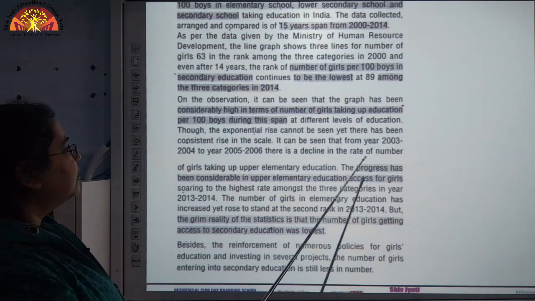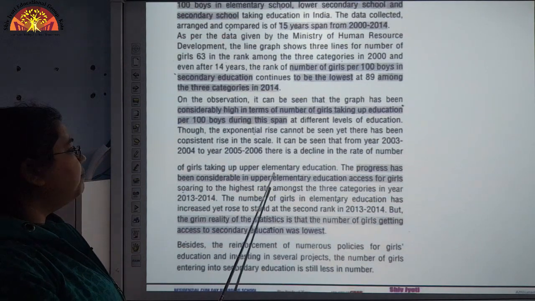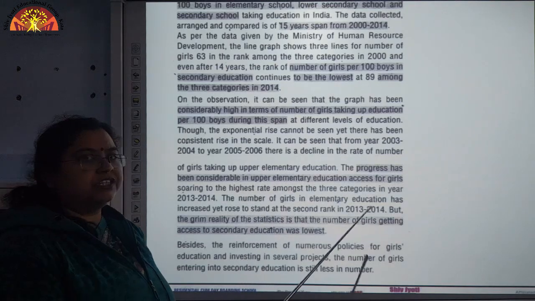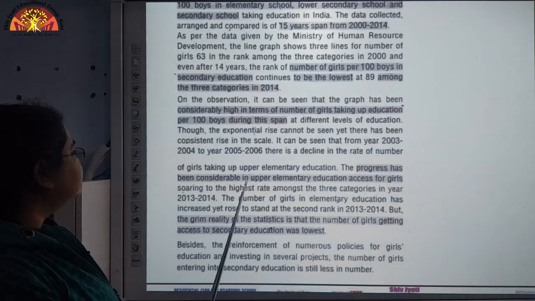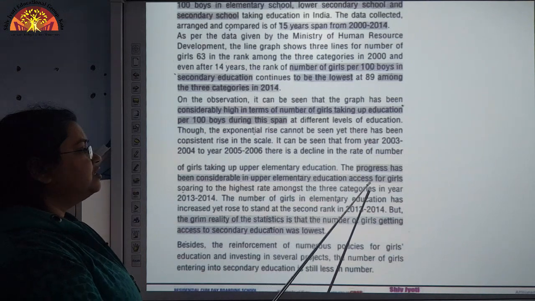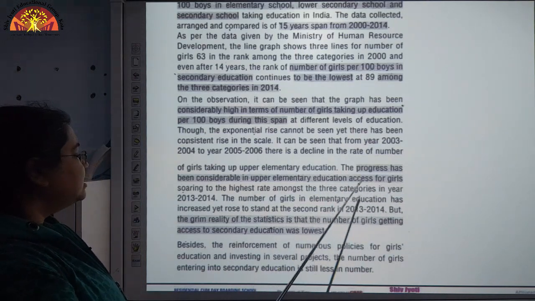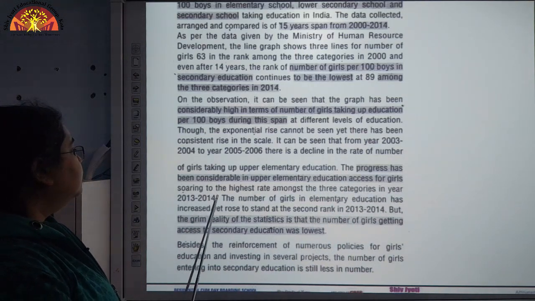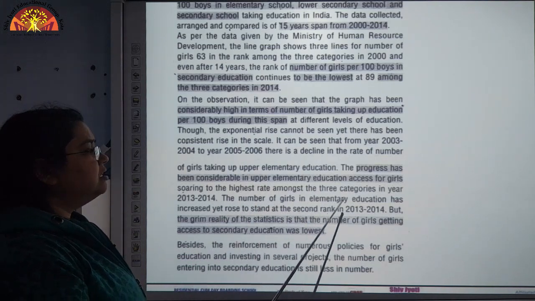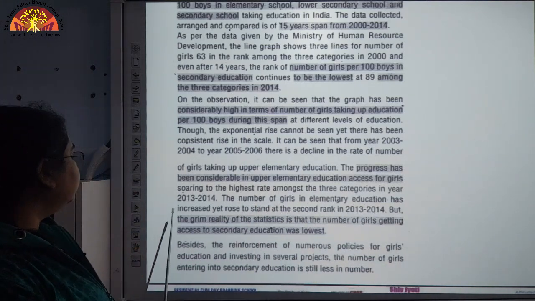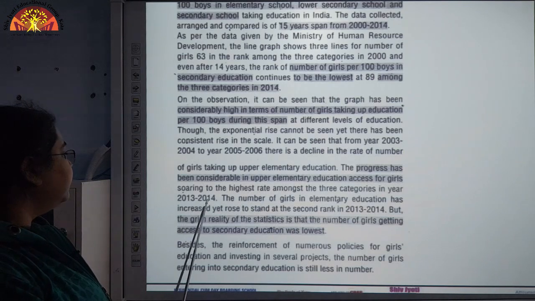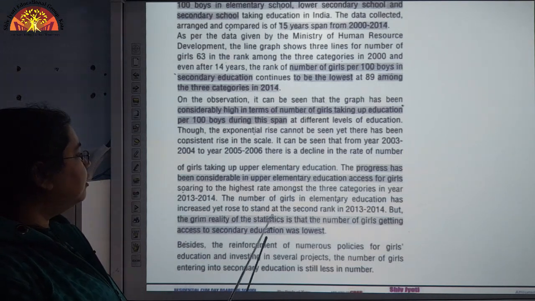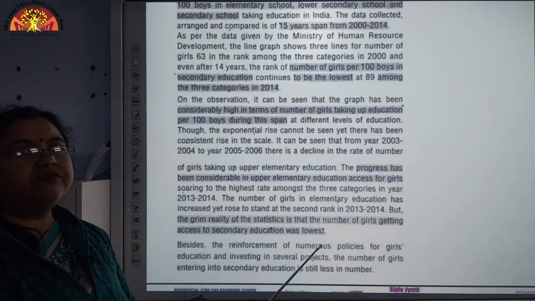Now, a decline in the rate of number of girls taking up upper elementary education. The progress has been considerable in upper elementary education, with access for girls soaring to the highest rate amongst the 3 categories in year 2013 and 2014. Okay. Now, this is another observation which you are sharing here.